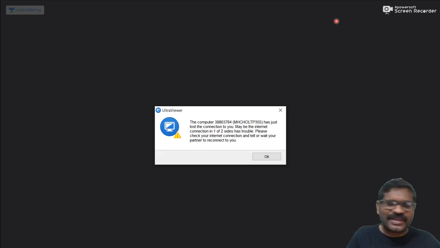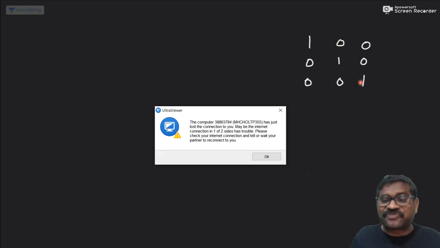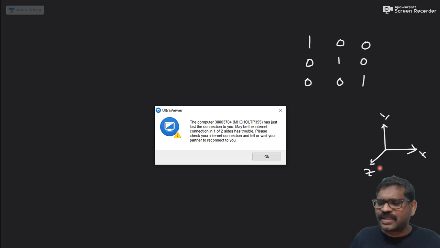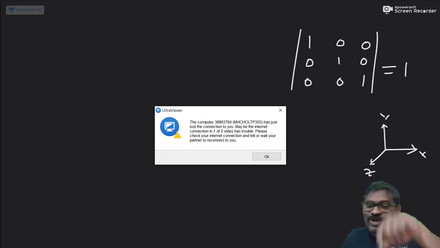Best example, if you take 3 orthogonal vectors, 1 0 0, 0 1 0, 0 0 1, perfectly these 3 vectors are orthogonal. 1 0 0 x-axis, 0 1 0 y-axis, 0 0 1 z-axis. If you calculate the determinant, 100% the determinant is non-zero. Observe. Now, if your vectors are orthogonal, 100% they are linearly independent.